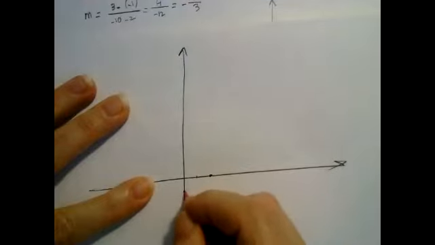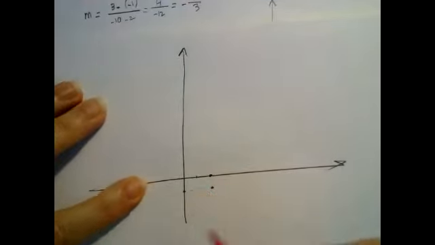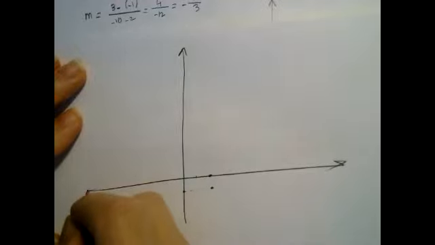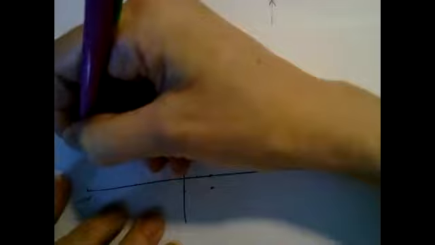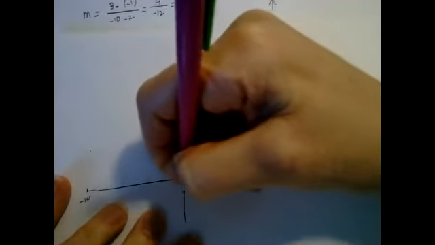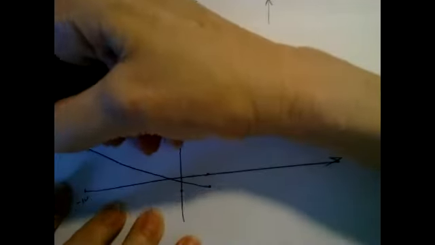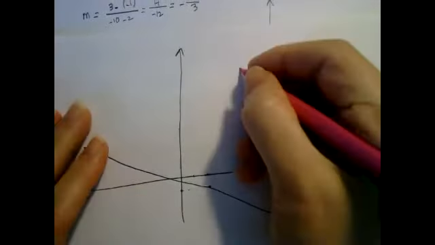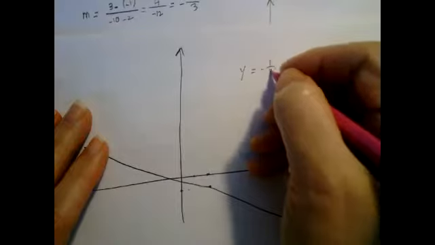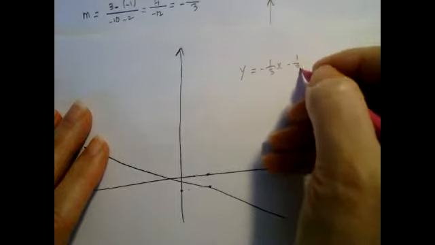So (2, -1) is here. And (-10, 3). So the line is going to look something like that. Okay, straight. All right. And the equation is y equals -1/3 x minus 1/3.